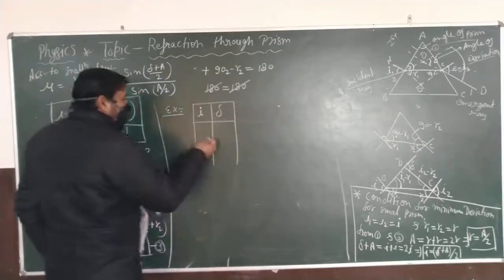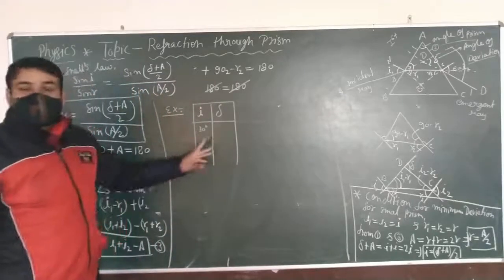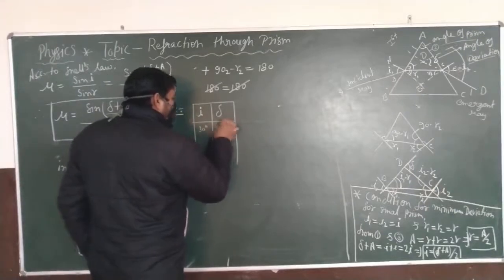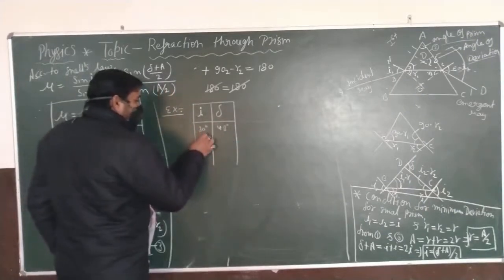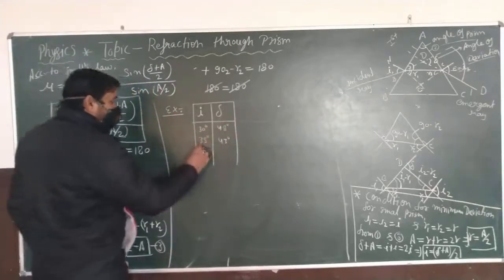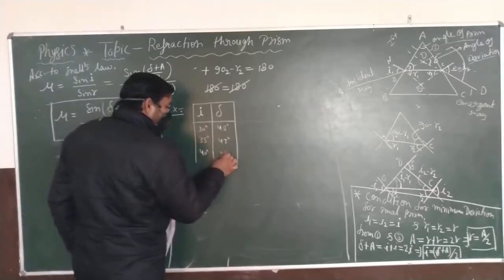Let these be for incidence angle 30 degree, it should be 48. For 35 degree, it is 43. For 40 degree, it is about 38.